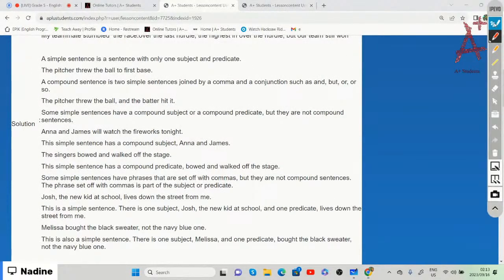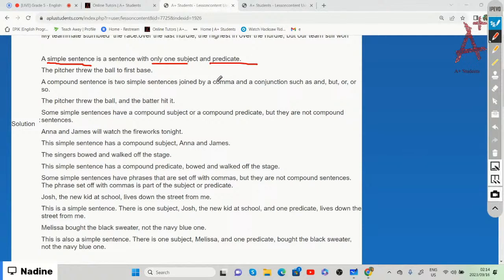All right. So a simple sentence is a sentence with only one subject and a predicate.